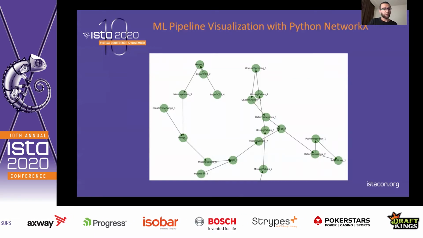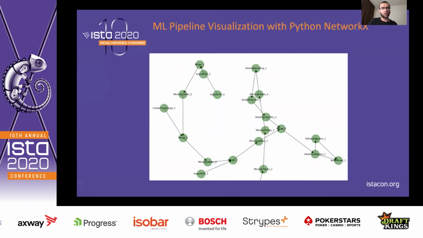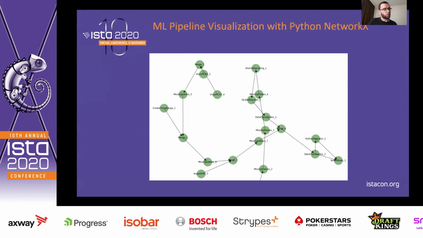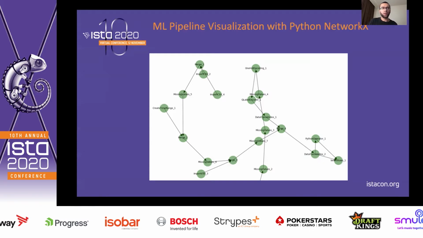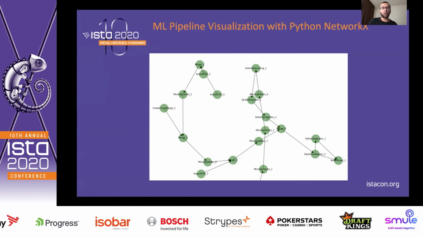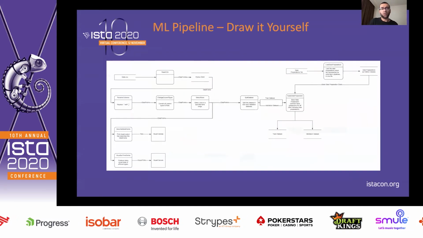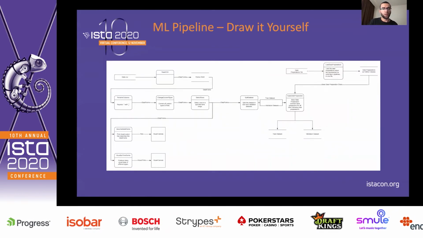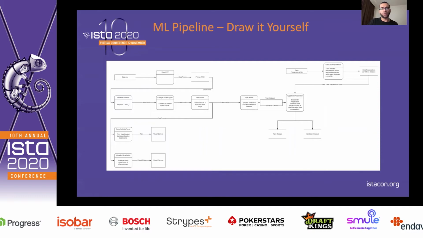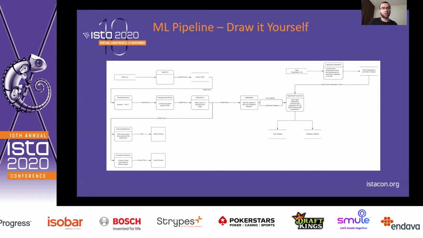This one is not fancy, but it is useful while working in a notebook, for example, and while you construct your pipeline, it is useful to quickly see, are you connecting everything right? Of course, you can always draw it yourself, like here. And later we will also see how it is visualized in Kubeflow.